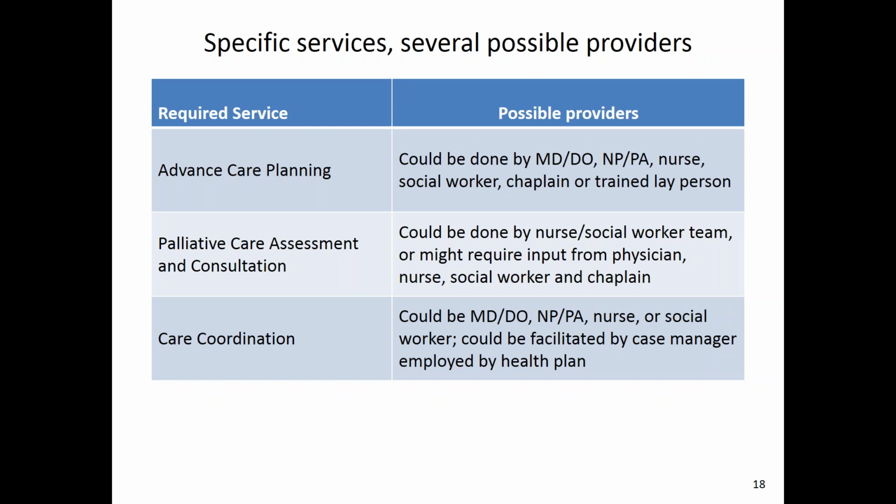So advance care planning, that could be done by a physician, it could be done by a nurse practitioner or a physician assistant, a registered nurse, a social worker, a chaplain, it could even be done by a trained layperson. For example, somebody who's gone through something like the Respecting Choices training. So all of those folks could be part of a team and fulfill that required service, but there would obviously be a big difference in how much it costs to deliver that service depending upon the disciplines that are delivering it.